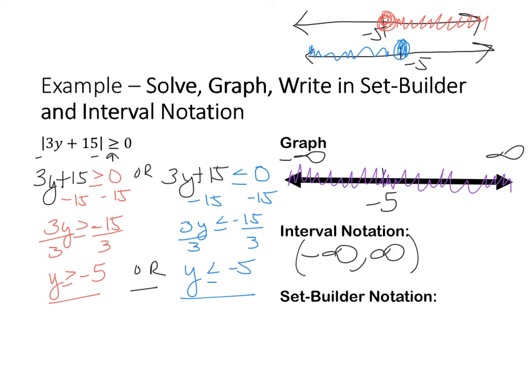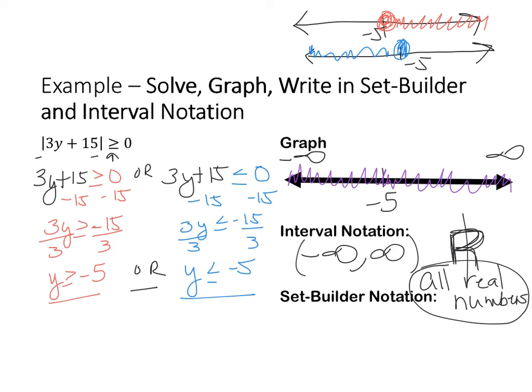Or I can do a bold R, a bold looking R with a line down the middle, and that's the symbol that stands for all real numbers. And most likely, your set builder notation is going to say all real numbers also. So this is the graph when a solution has infinite solutions. Any real number will work.